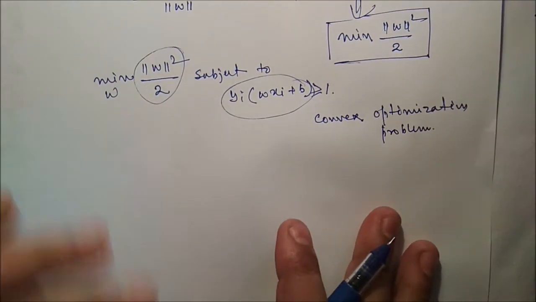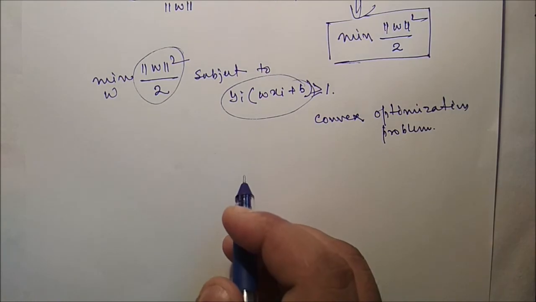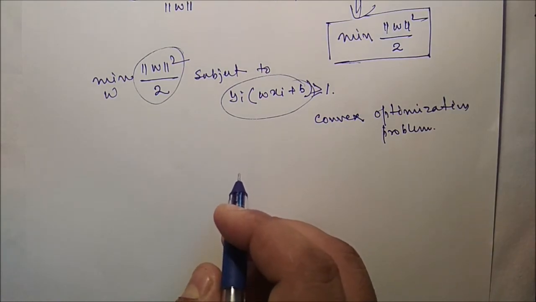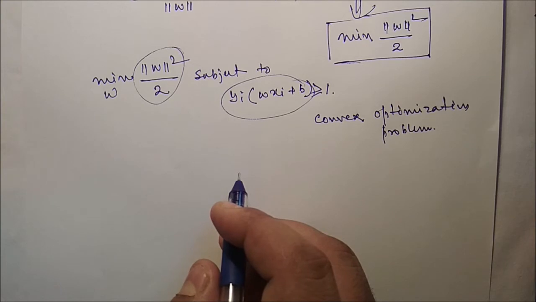That means we always reach the global minimum, and hence it can be solved using the standard Lagrange multiplier method.